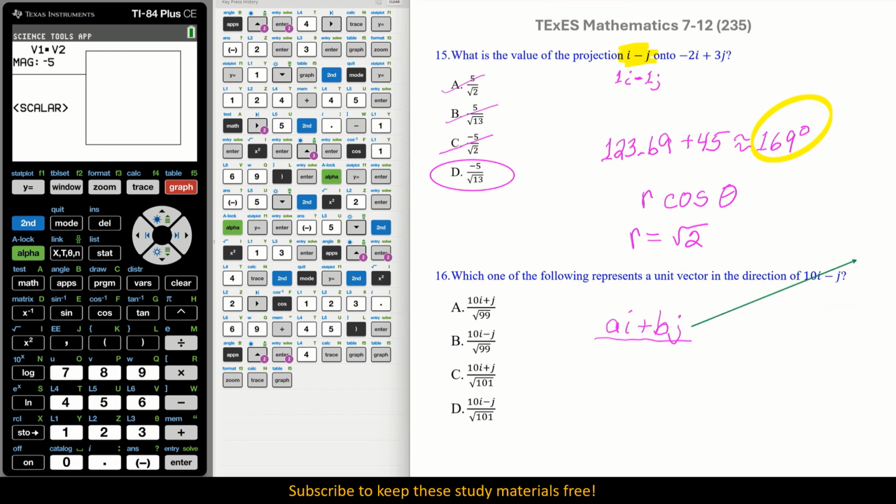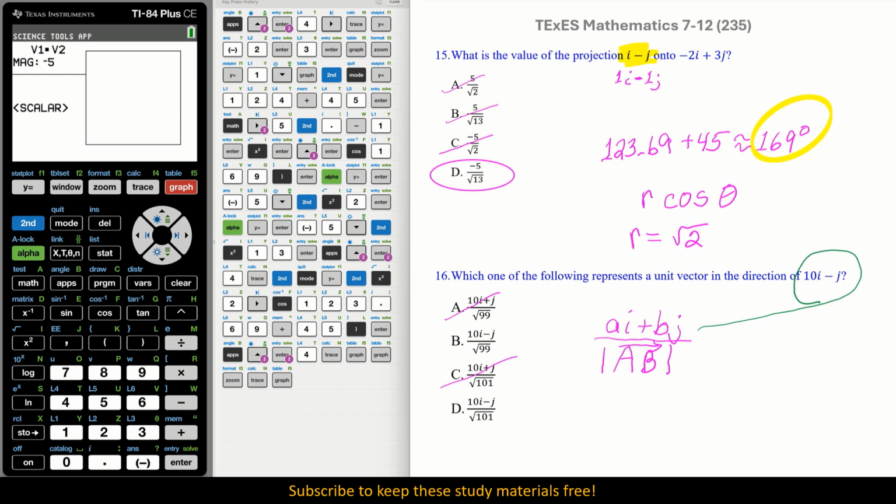Oh, goodness, that decided to do its own thing, and that is not what I wanted. I wanted to show you it was a given. Then what you need is that magnitude again. So you need the magnitude of your vector A to B, and that's using the given. First off, if you don't see in the numerator 10i minus j, mark it out. So that gets rid of A and C.